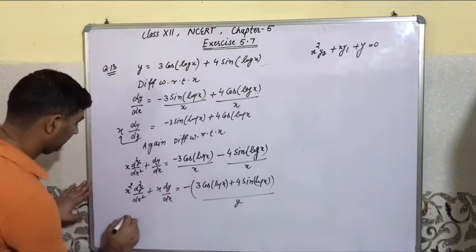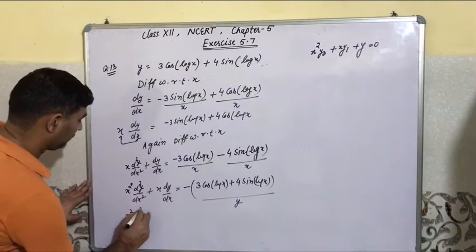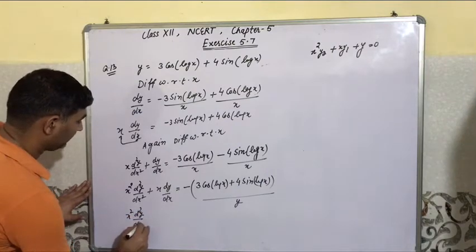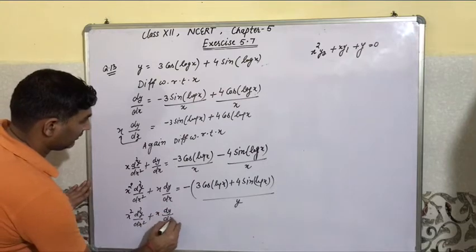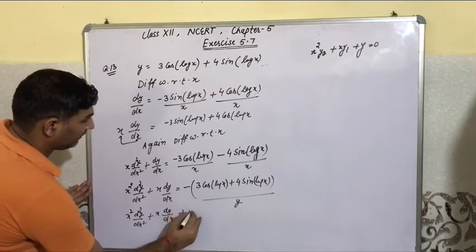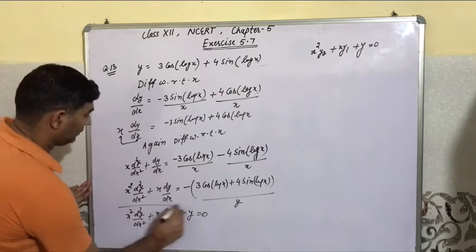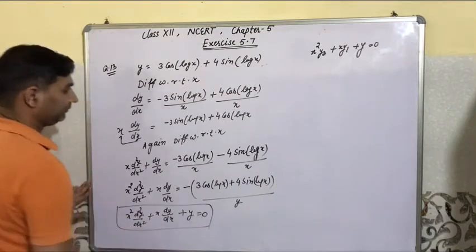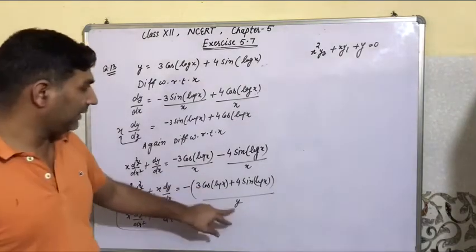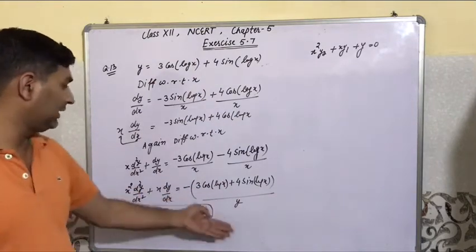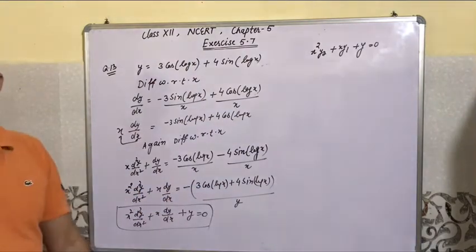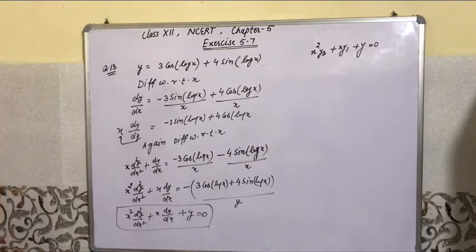Then x square d square y upon dx square plus x dy by dx, this minus y इधर आके plus y is equal to 0, hence proved. this complete term is y, then next step में y को इधर लेके जाएंगे, this जो हमें प्रूव करना था वो.